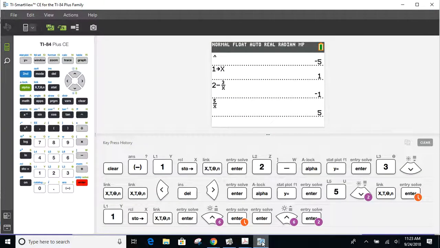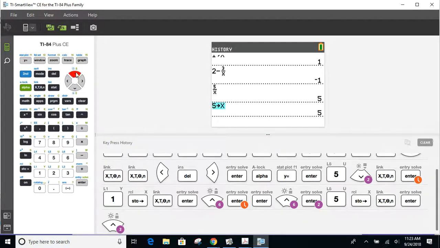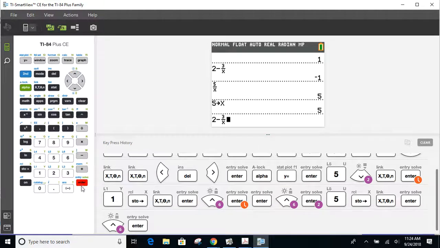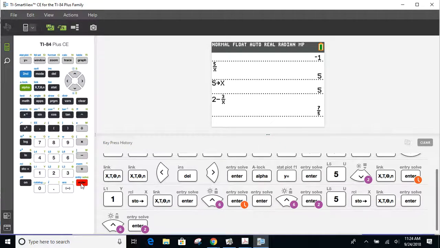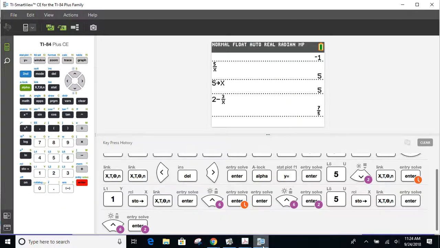What are you guys getting on the left side? Store in 5. Ooh, fraction. 7/5. Ooh, all right. Is 7/5 greater than? What do we got on the right side? 1.